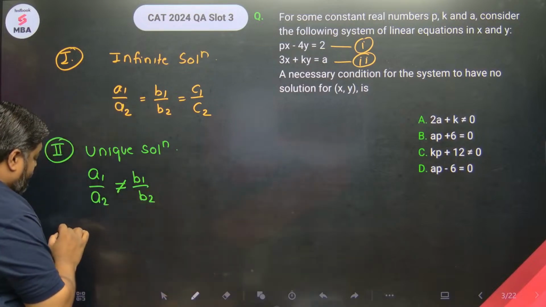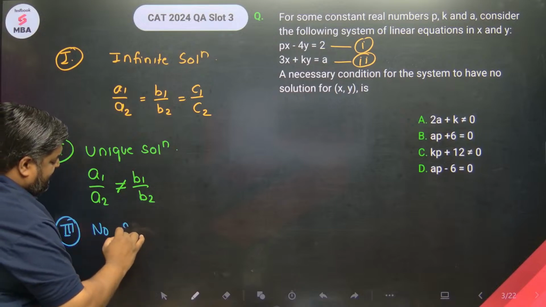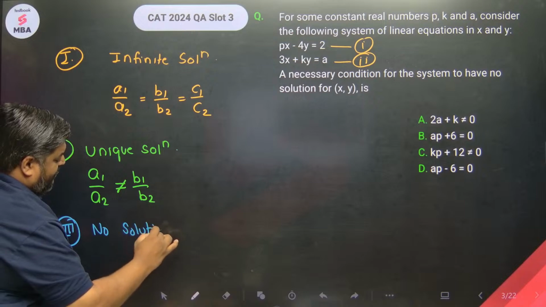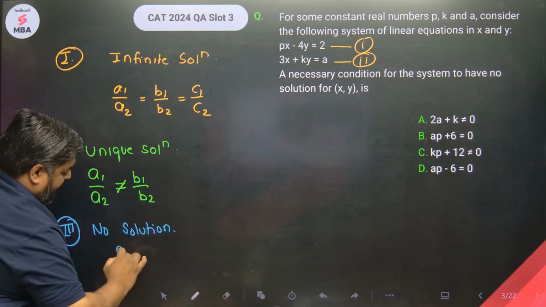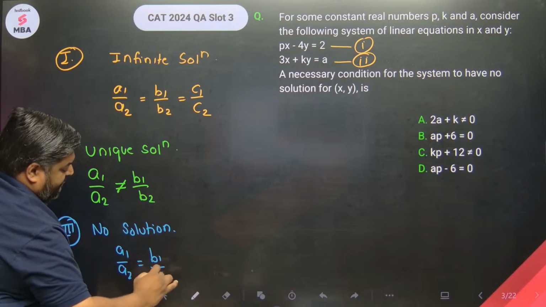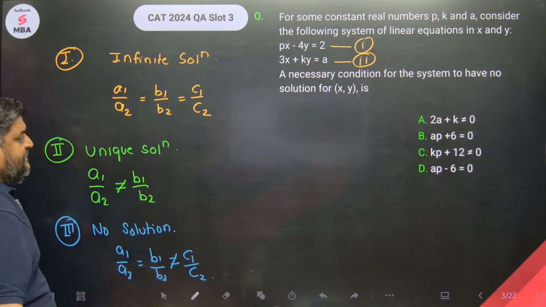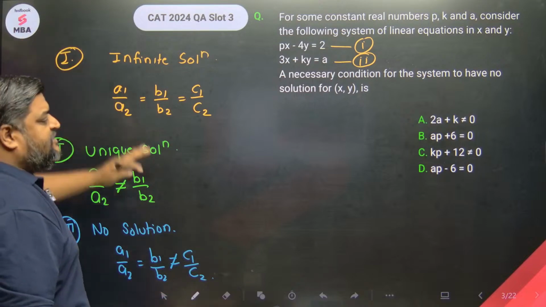What is the case of no solution? No solution exists when a1 by a2 is equal to b1 by b2, but both of them are not equal to c1 by c2. These three cases are possible.